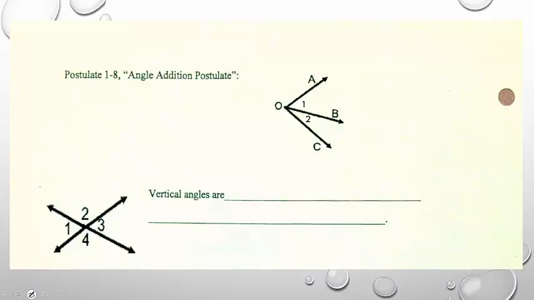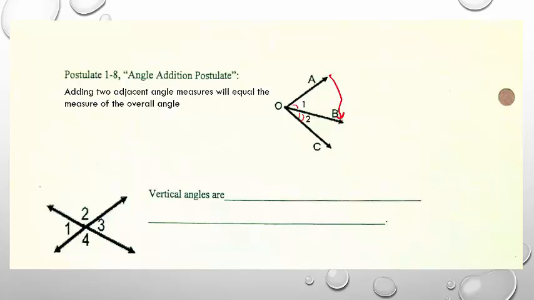We have a postulate that's called the angle addition postulate. And we won't get caught up in the formality of what the postulate actually says. We're just going to kind of blow through it. Basically, if you add two side-by-side angles, if you add those two measures, you get the whole thing. So if I was turning from A to B, and let's say I turned 30 degrees, and then I turn a little bit more from B to C, and so that's, let's say, about 10 degrees.